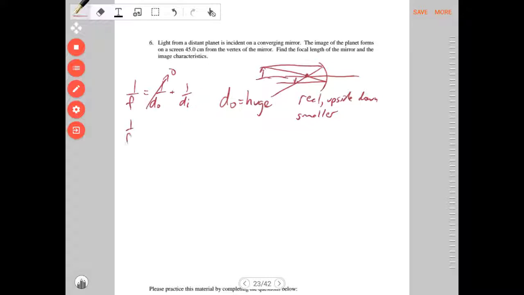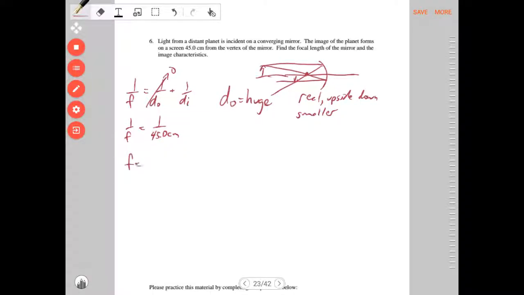So 1 over f is equal to 1 over, well, di we know is 45.0 centimeters. Of course, if do is just 0, or something so incredibly small it's not going to affect that, then if we cross multiply and divide, or just think, f is 45.0 centimeters. That's it.